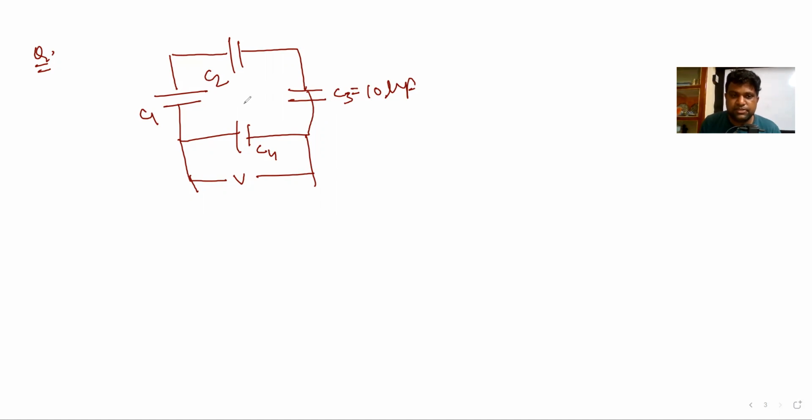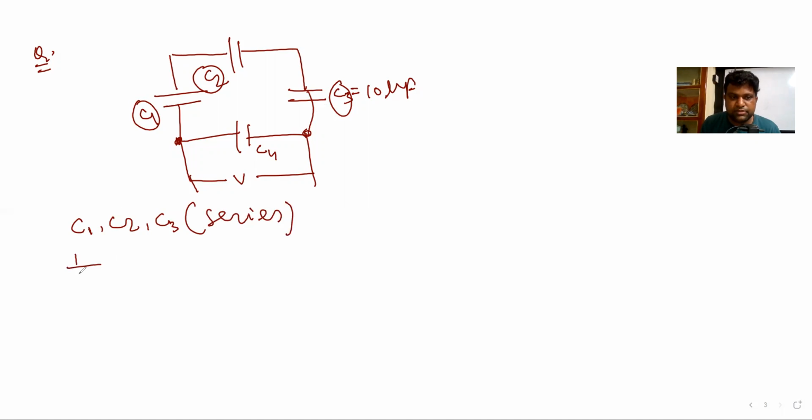So for the net capacitance, you can see that C1, C2 and C3 are in series. If you look at the junction point, from the junction all three are connected in series. So we'll use the series formula, that 1 by C equivalent equals 1 by C1 plus 1 by C2 plus 1 by C3.